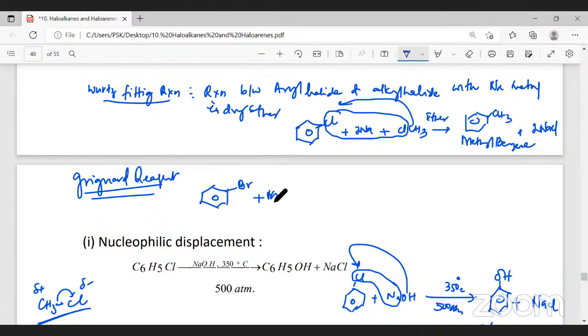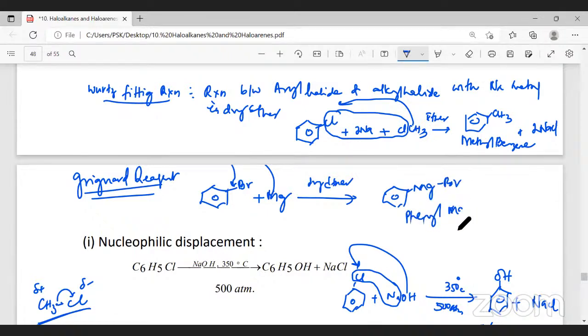When this bromobenzene is heated with magnesium in dry ether, magnesium gets bonded between carbon and bromine. So you get C6H5MgBr. This is phenyl magnesium bromide. This phenyl magnesium bromide is also an example of Grignard reagent, RMgX.